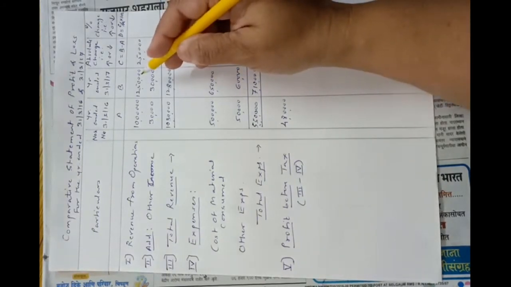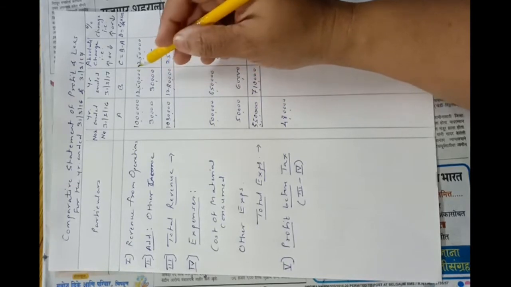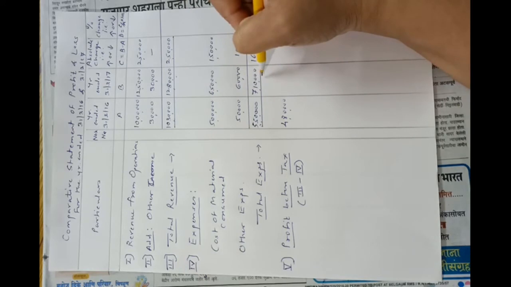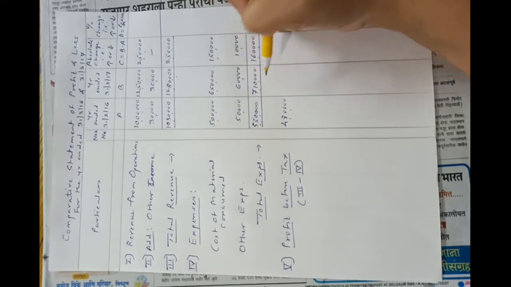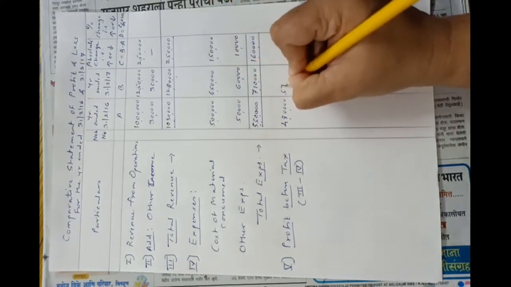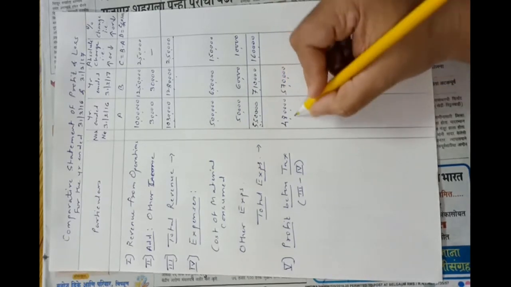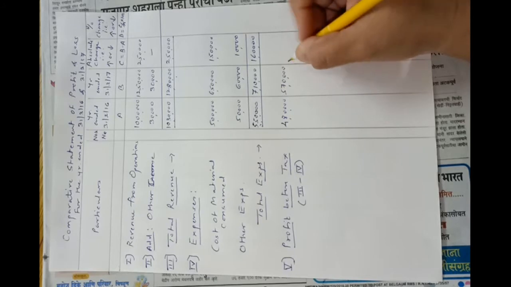Now for the second year, that is the year ended 31st March 17, 12,80,000 minus 7,10,000. So it will be 5,70,000, and it means there is an increase of 90,000.